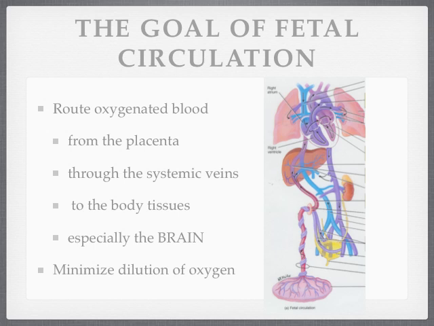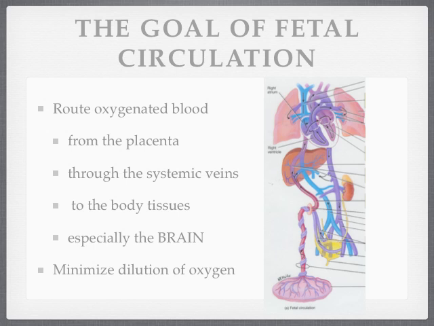Sense organs and the brain and other complex structures of the nervous system require constant oxygenation, and that oxygen delivery is most critical at that end of the human body.